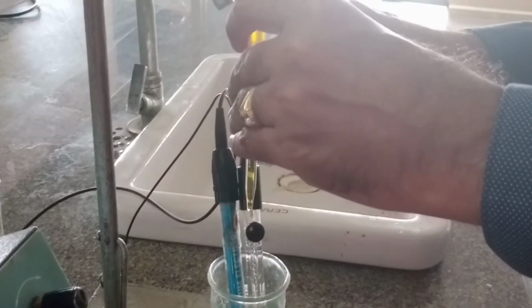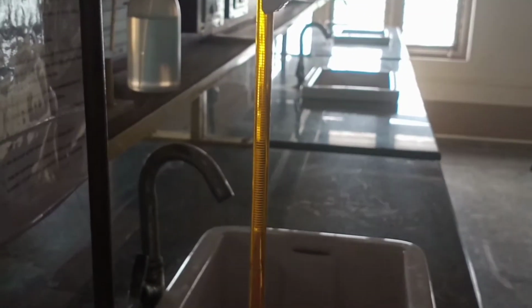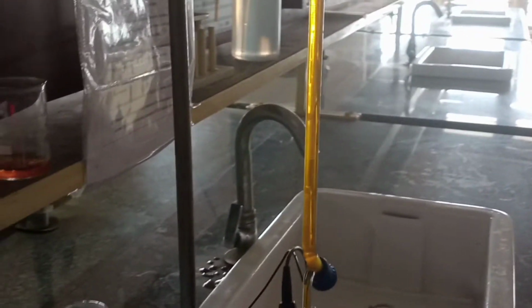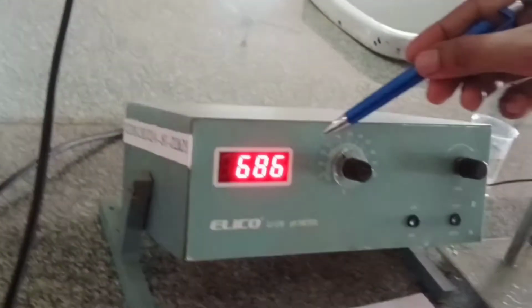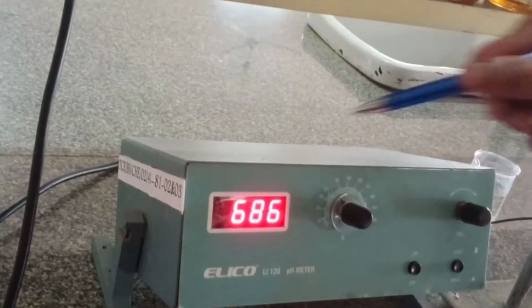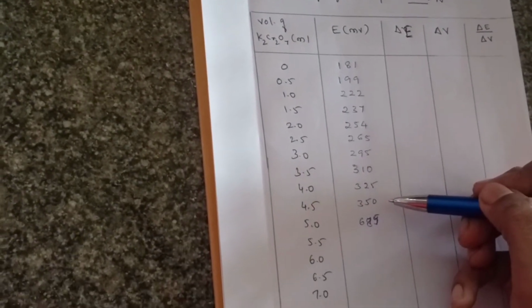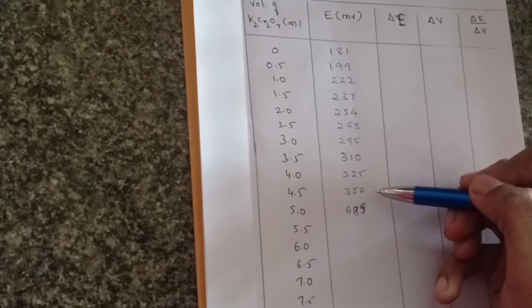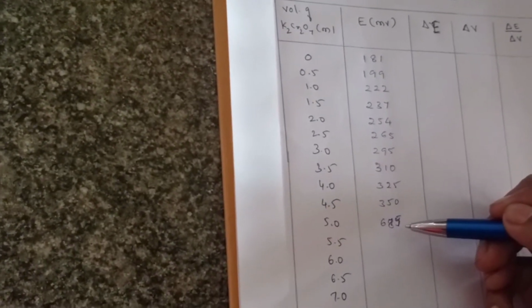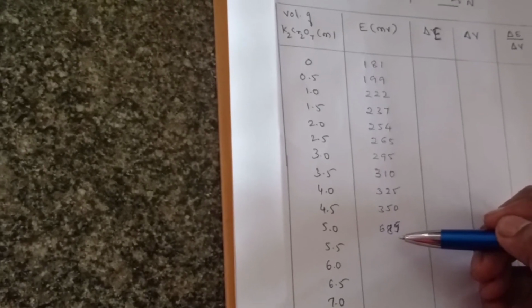Now a total volume of 5 ml of potassium dichromate is added into the FAS solution, and here you can see the potential has changed to 686, which we have noted for the 5 ml addition of potassium dichromate. In the previous reading, for 4.5 ml of potassium dichromate, we observed 350 millivolts, but for 5 ml it suddenly jumped to a large value, that is 685.